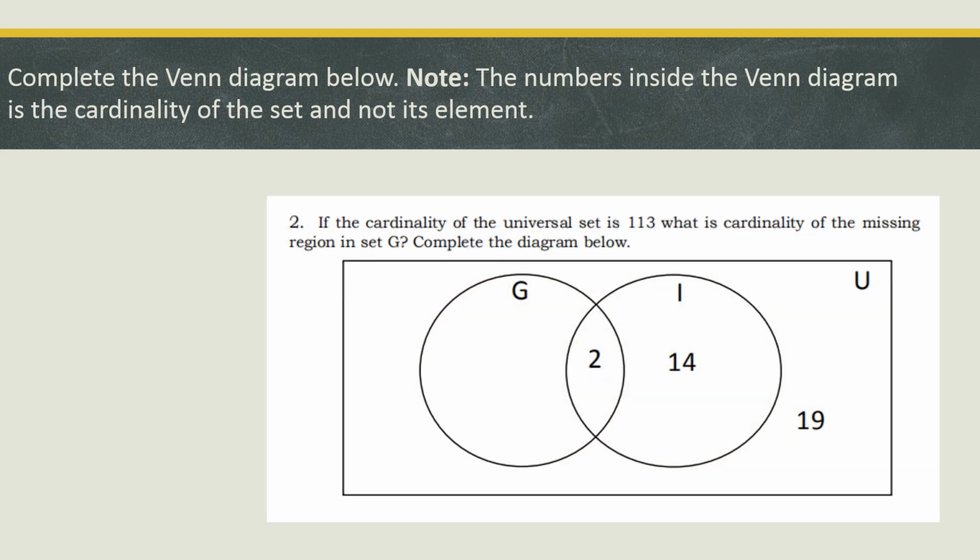Okay? If the cardinality of the universal set is 113, what is the cardinality of the missing region in set G? So, complete the diagram. So, say buhaton. So, G is equal to 113 minus 2 minus 14 minus 19. So, G is equal to 78. So, that is 78. Next.